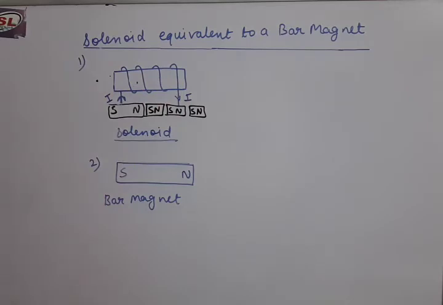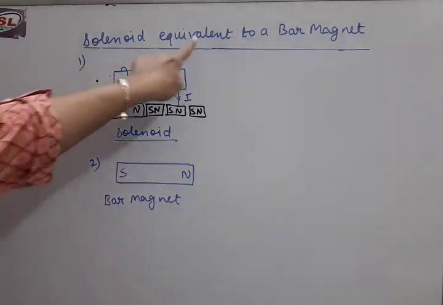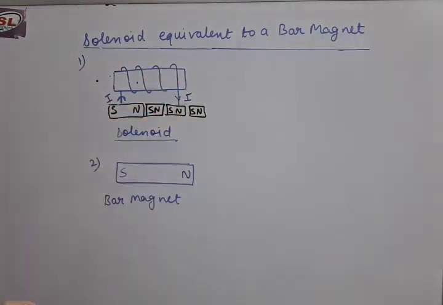Now we have to prove mathematically how a solenoid is equivalent to a bar magnet. So what we will do here is take the help of the bar magnet's axial field formula. Suppose we take an electric dipole, that means minus Q and plus Q, which we have discussed in unit one, electrostatics.